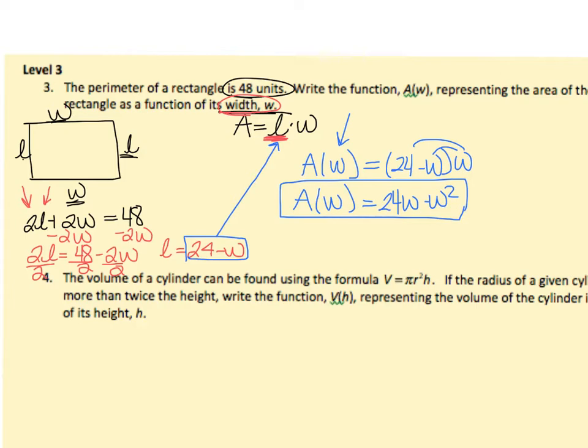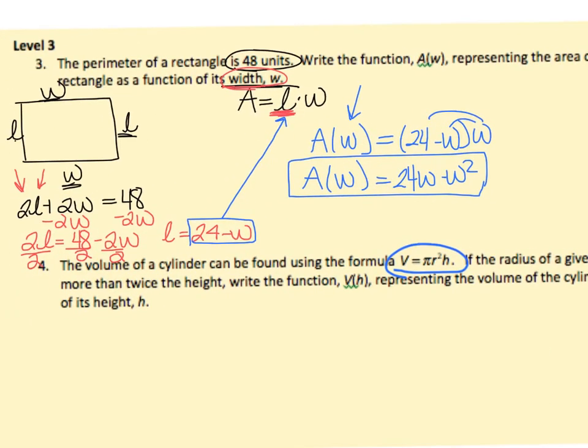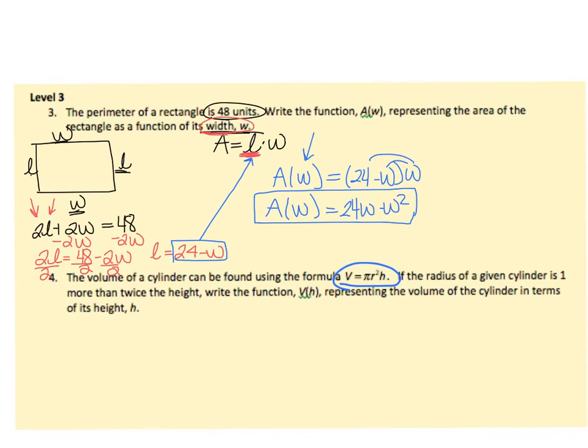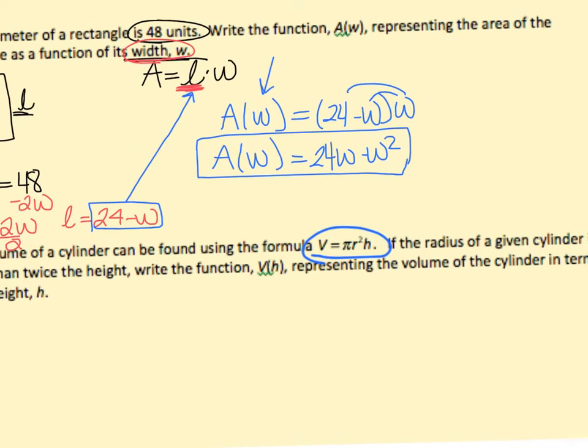It says the volume of a cylinder can be found using V equals pi r squared h. If the radius of a given cylinder is 1 more than twice the height, write the function V of h representing the volume of the cylinder in terms of its height. So again, this h in here tells me that the only variable on the left-hand side should be an h.